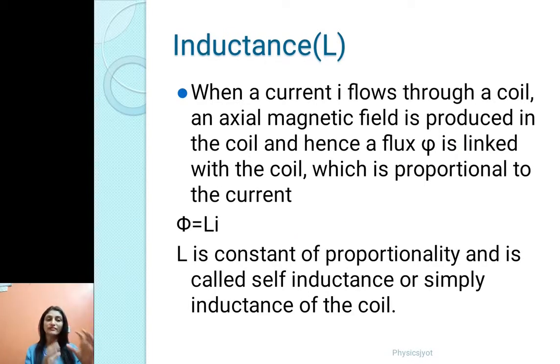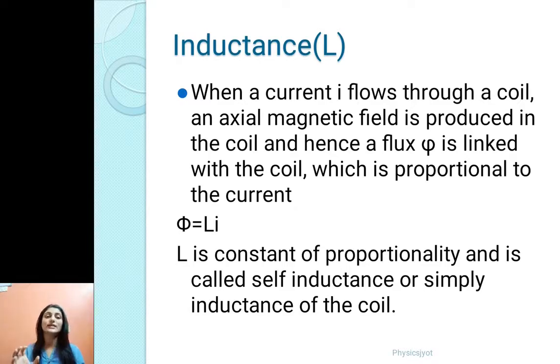Now suppose we have an inductor and we have applied a battery to the inductor. Now when a current I flows through a coil, an axial magnetic field is produced in the coil, and hence a flux phi is linked with the coil. This flux is proportional to the current.